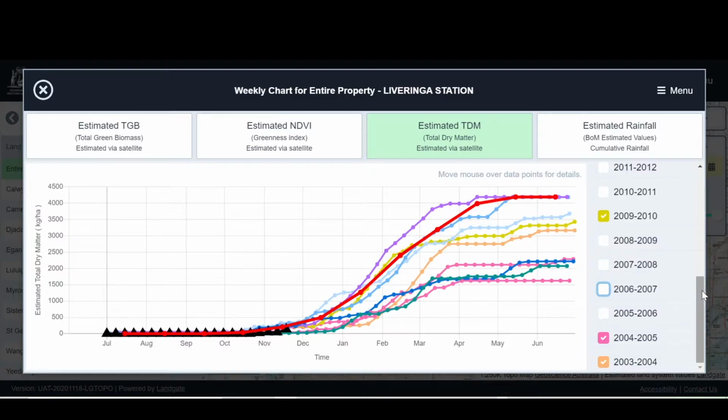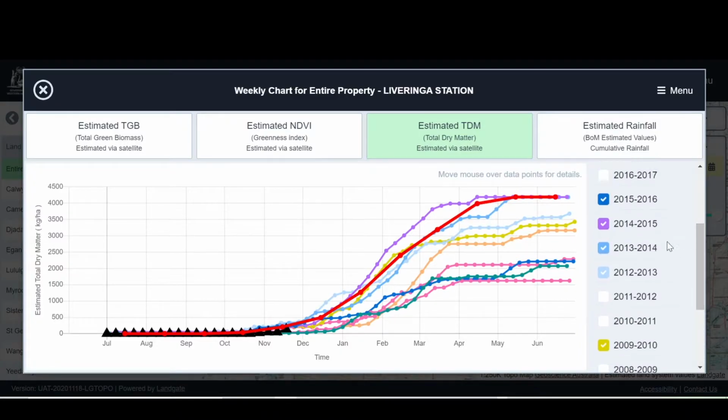And turn off the median one as well, just to make it a really good indicator. Okay, so these are all the bad years.